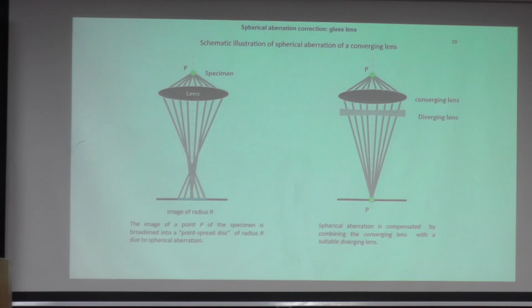P prime will be much larger, and it forms a point spread disk here. And if you insert a divergent lens which corrects this, which brings all lines to the point, then we get P, our point of interest, also focused to the next point, P prime, and you get a better and clearer image.